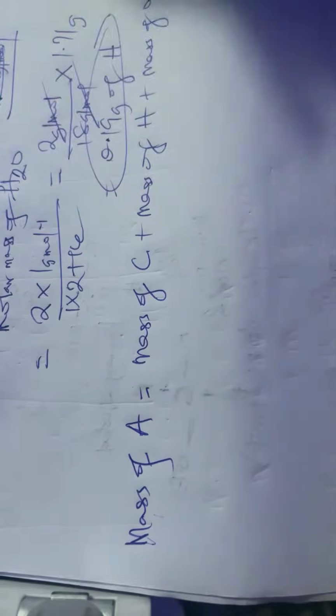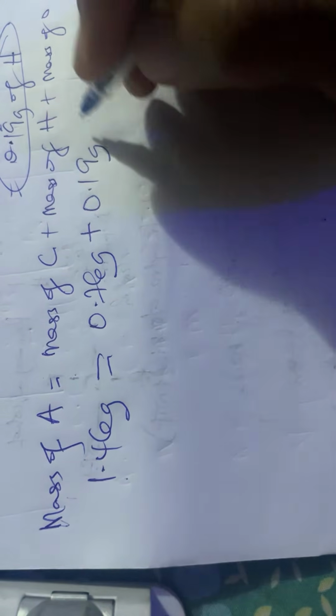It is 1.46 grams. So 1.46 grams equals the mass of carbon we calculated, 0.76 grams, plus the mass of hydrogen, 0.19 grams, plus the mass of oxygen, which is unknown. Let's call it X.